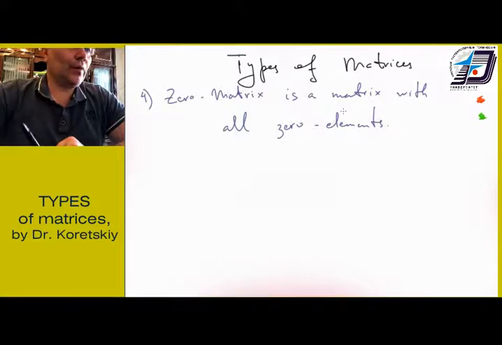I want to stress that the zero matrix is not necessarily a square matrix.